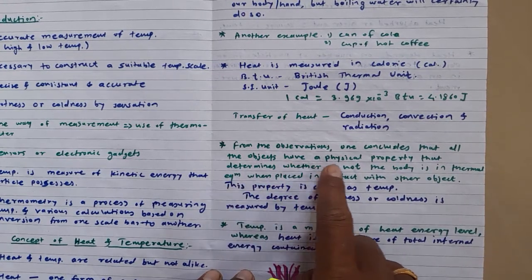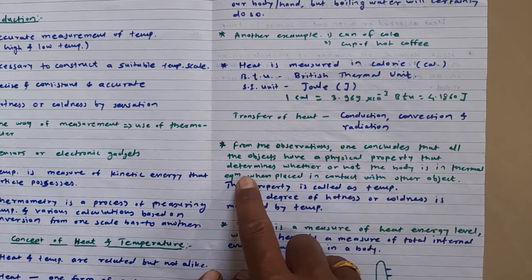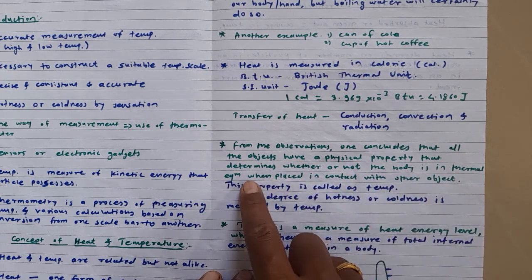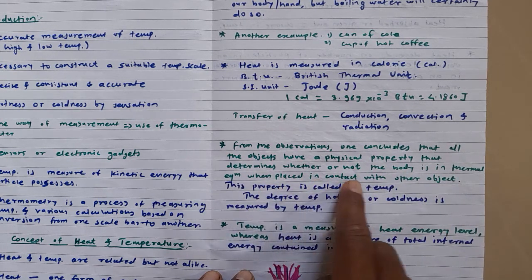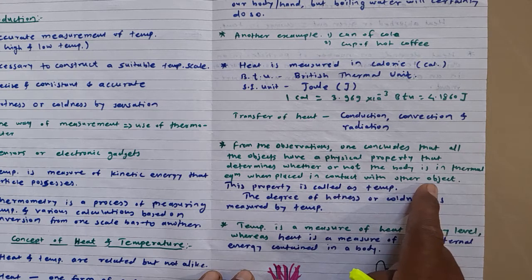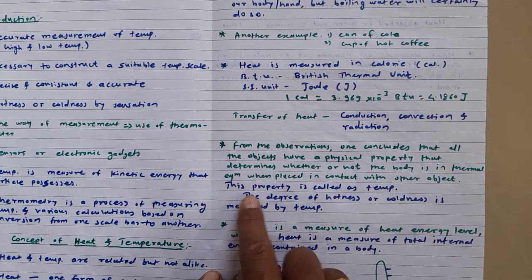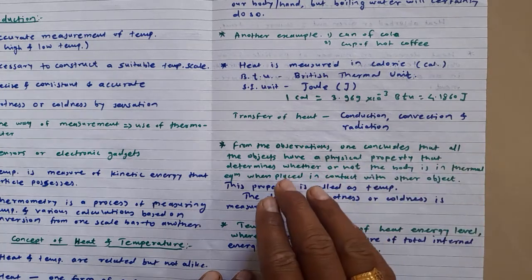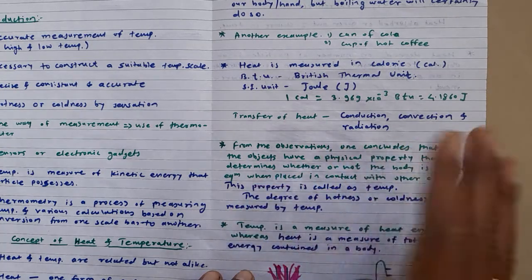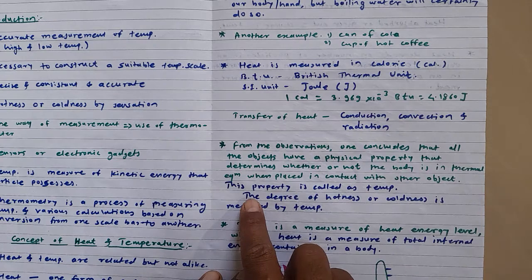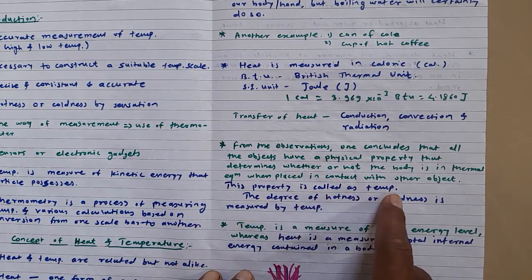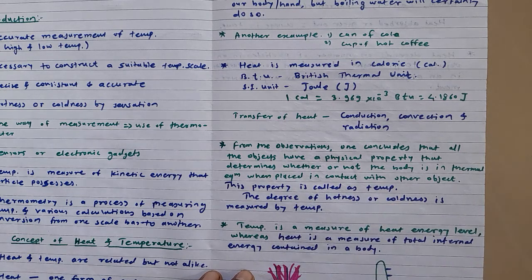Okay, so from our day-to-day life observations, what we can conclude here is that all objects have a physical property that determines whether or not the body is in thermal equilibrium when placed in contact with another object. This property is called temperature.